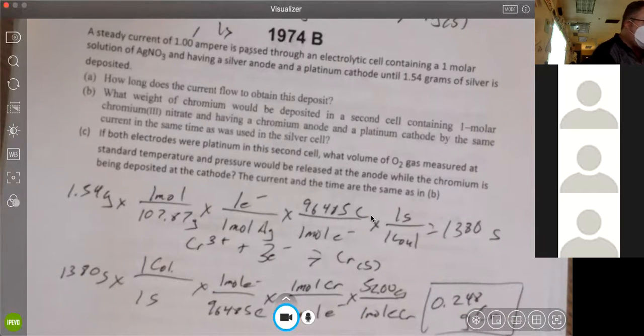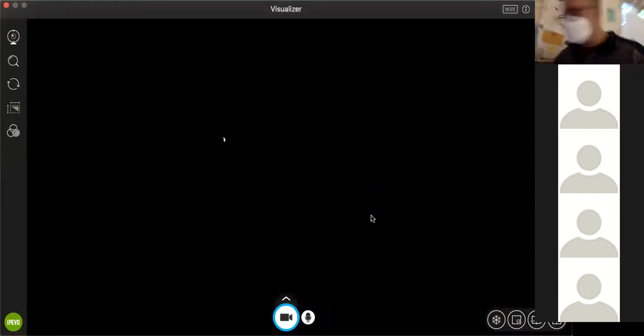What volume of O2 gas measured at standard temperature and pressure would be released at the anode while the chromium is being deposited on the platinum? All right. Let's take a look at this real quick. So that is a hydrolysis of water, basically.